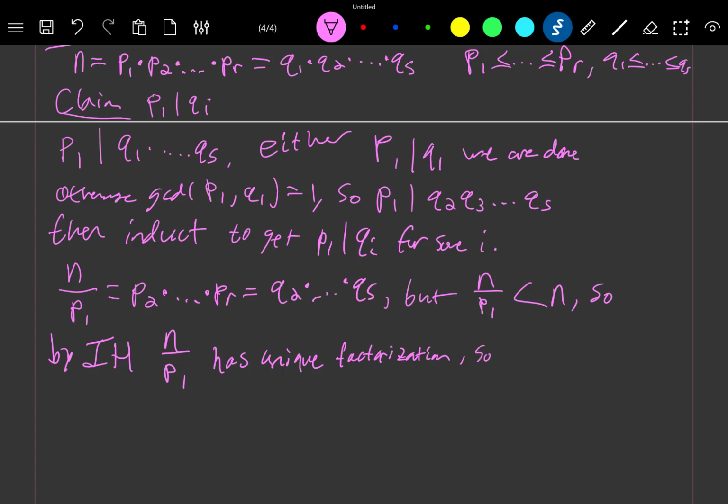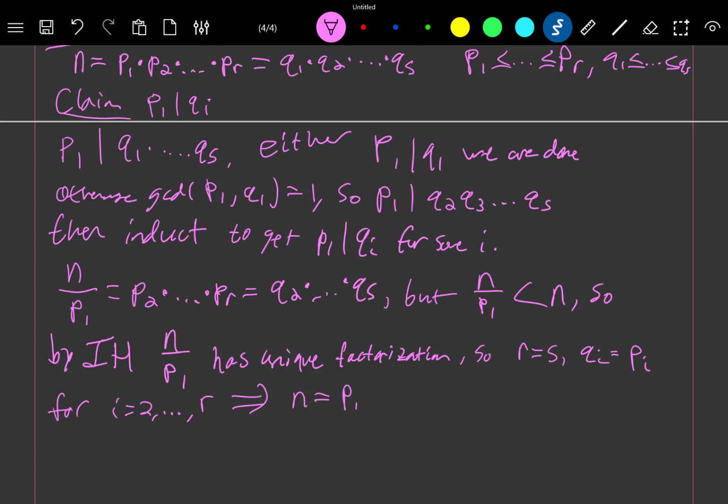So these two factorizations are the same. Namely, r equals s and qi is equal to pi, for i equal to 2 through r.